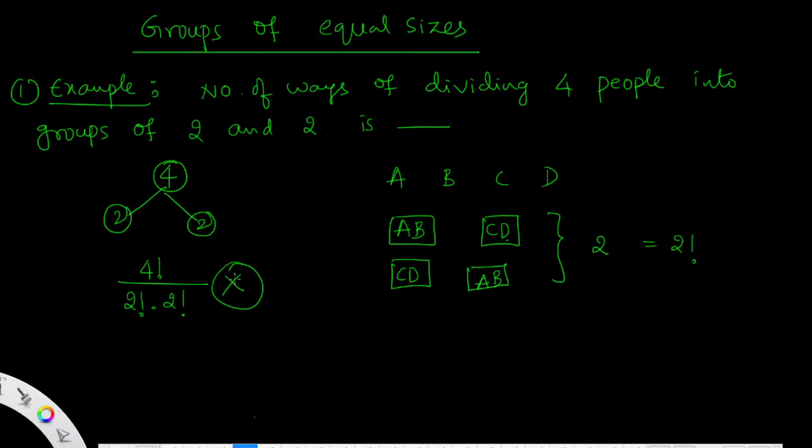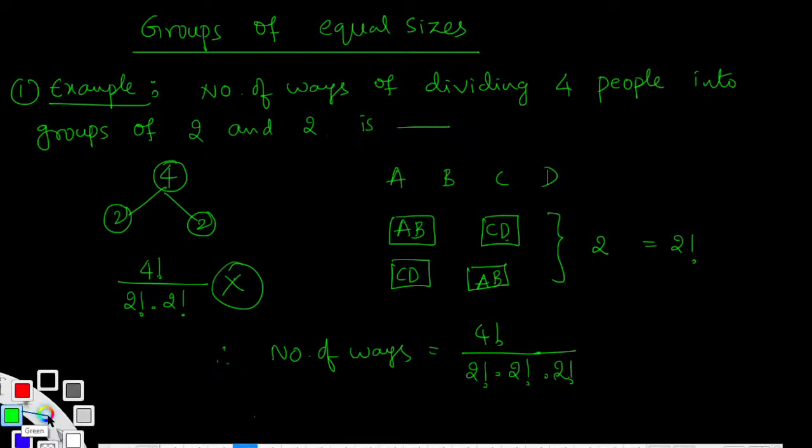Therefore this is wrong. The total number of ways equals 4 factorial by 2 factorial into 2 factorial into 2 factorial. Why? Because the 2 factorial is extra, for the arrangement of the groups among themselves: AB then CD is one way, and CD then AB is another way. So we write 2 factorial here.